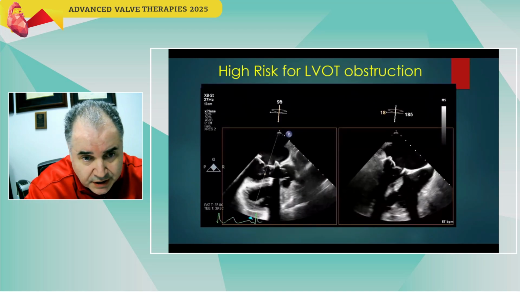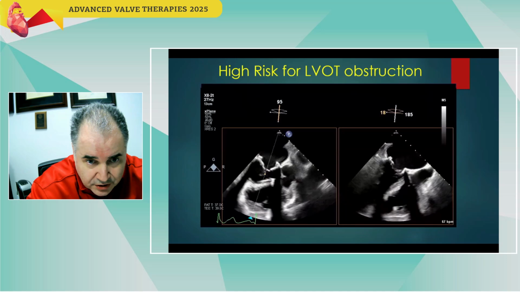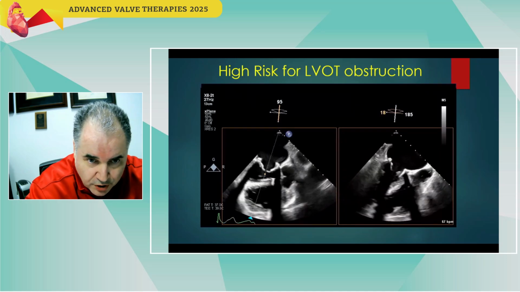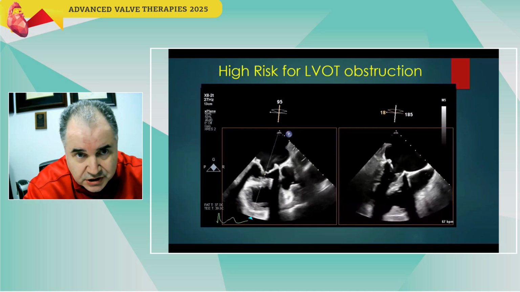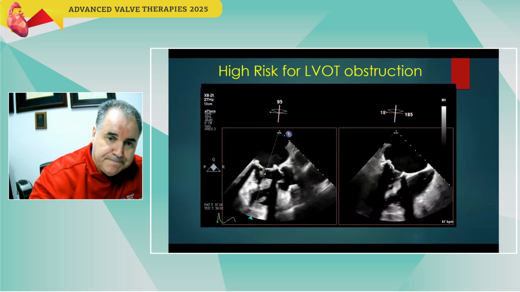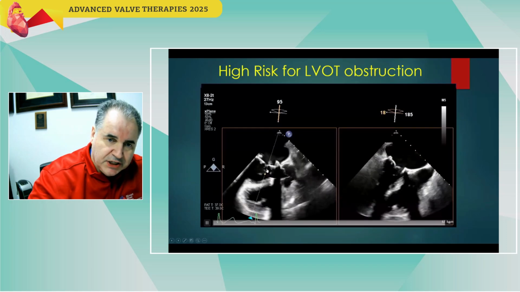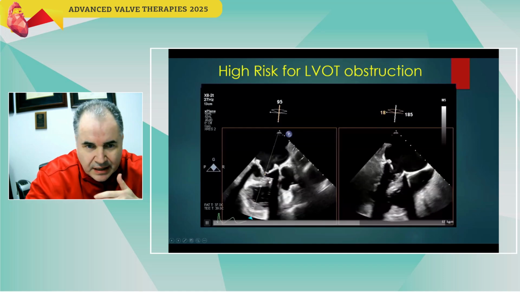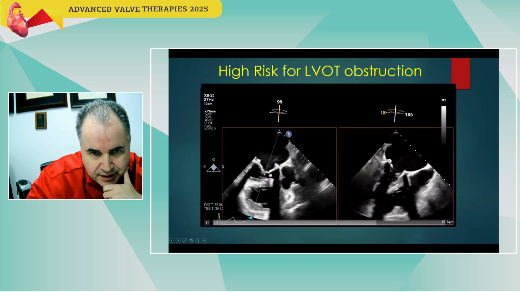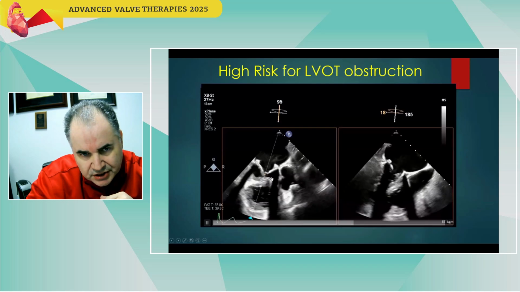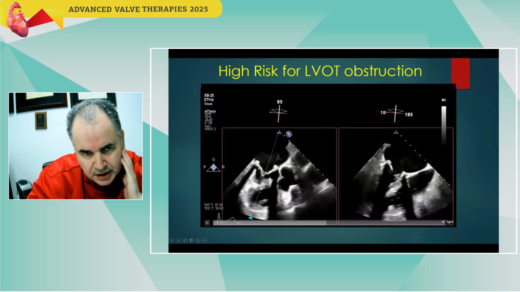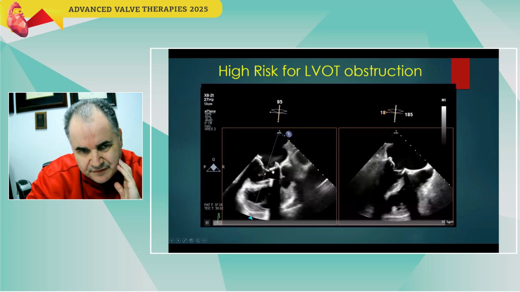Last but not least, cardiologists are very smart people and always develop techniques. This is a patient, as you can see here, with a mitral bioprosthesis, very stenotic, doesn't open. High risk patient, very high risk. The transcatheter therapies were considered basically to do valve-in-valve therapy in this particular case.